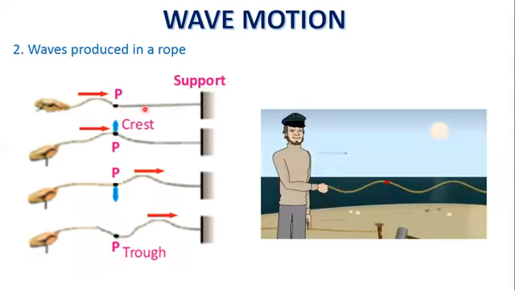Now, flipping the rope up and down regularly will set up waves in the rope which will travel towards the fixed end. The point P on the rope will start vibrating up and down as the wave passes across it. The motion of point P will be perpendicular to the direction of the motion of the wave.